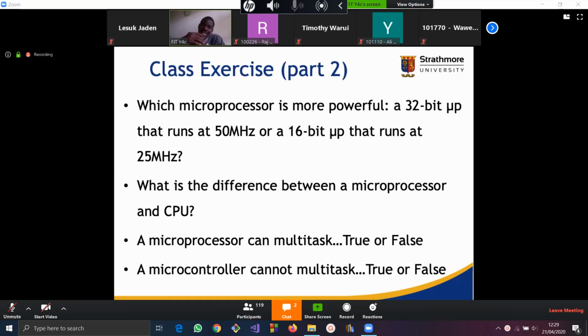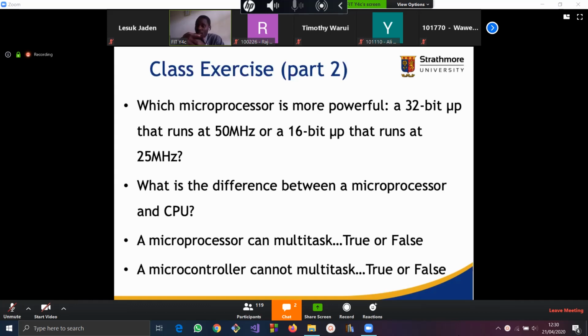In 1 second, how many instructions can the 50 megahertz process? And in 1 second, how many instructions can the 25 megahertz process? Then what is the size of instruction that the 50 megahertz can perform per cycle?